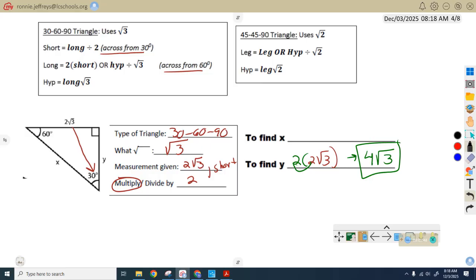Now x, because this is our long, this is our hypotenuse. All right. Well, to find x, we have to say our long side, because this is long, 4 root 3 times root 3.